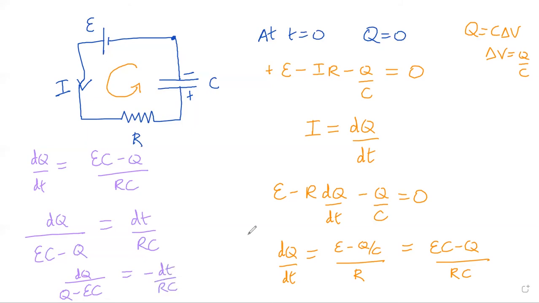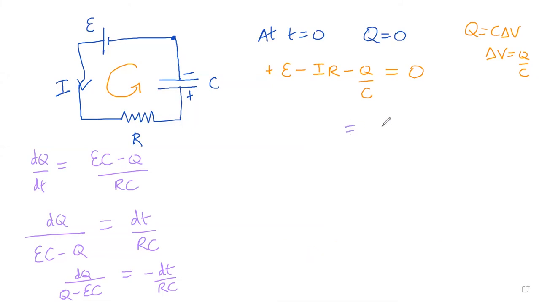So you can see that I have all the Q-dependent terms on one side and everything else on the other side. This is called the separation of variables. And I'm now ready to integrate. On the right-hand side, you can see that my variable of integration is time, because you can see that dt.